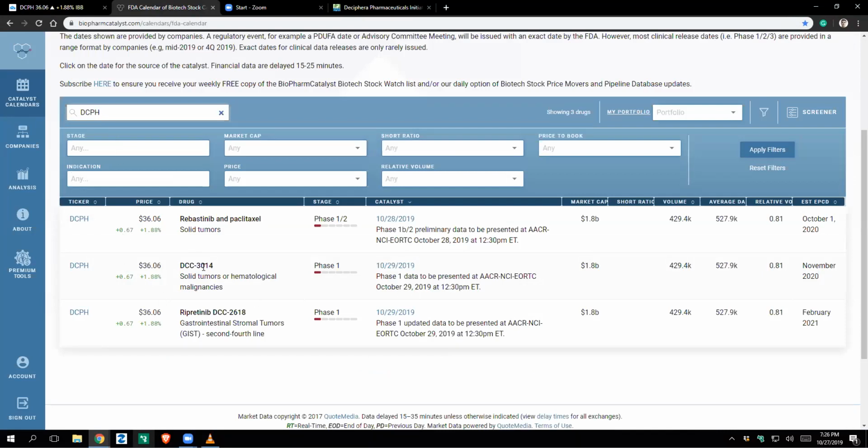So DCPH, they also have some other catalysts, DCC 3014, solid tumors, hematological malignancies. They also have some data on the 29th. This is, let's look at this, phase 1 in solid tumors or hematological malignancies.